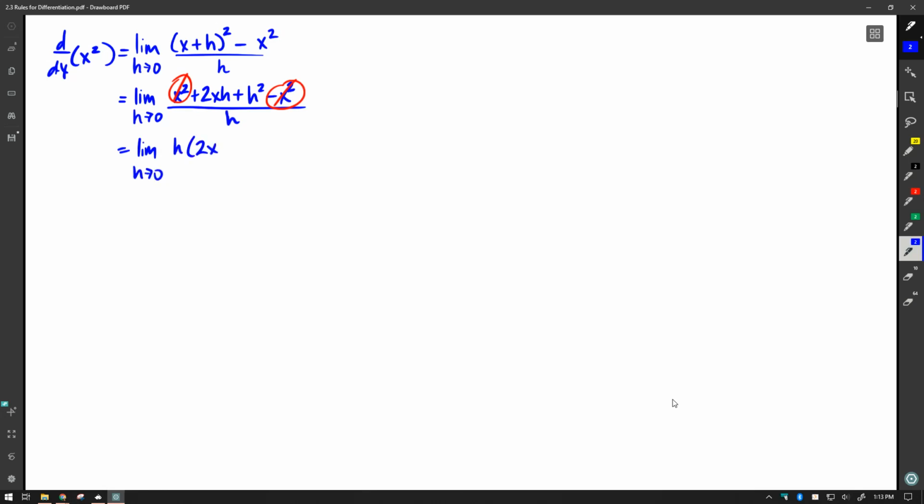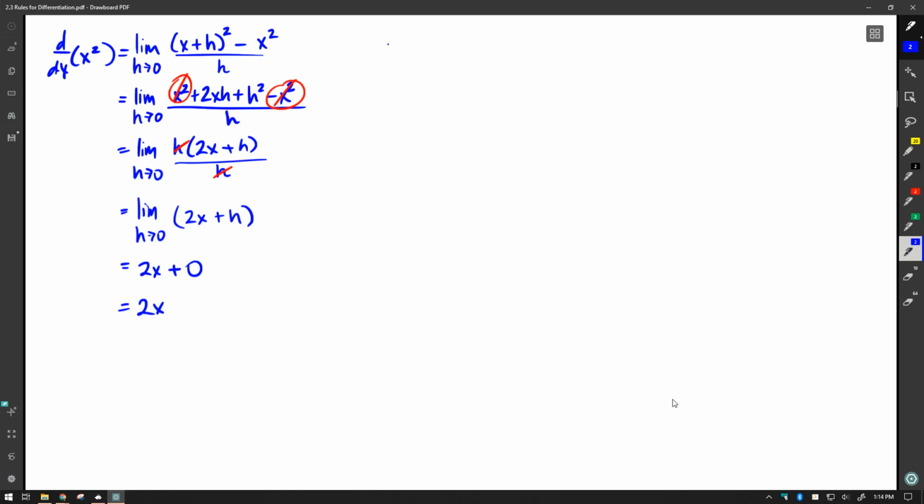We have left over 2x plus h, and this is over h, and then the h's cancel. Finally, we are left with the limit as h approaches 0 of 2x plus h, and we can go by direct substitution. We have 2x plus 0, finally for a derivative of 2x. So the derivative of x squared is 2x, and that process took us 6 lines of work to reach the final answer.